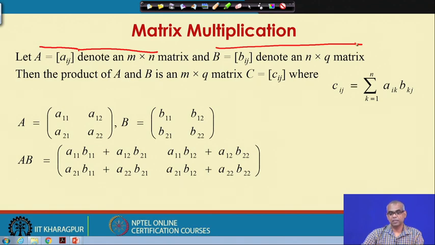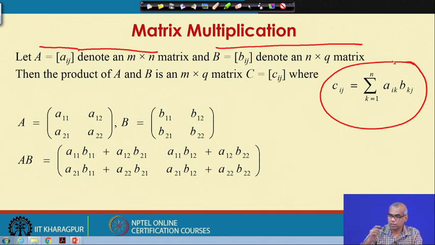and the element c_ij of the product matrix C can be computed as the sum over k equal to 1 to n of a_ik b_kj. So, let us take this example, a two dimensional matrix A: a_11, a_12, a_21, a_22.